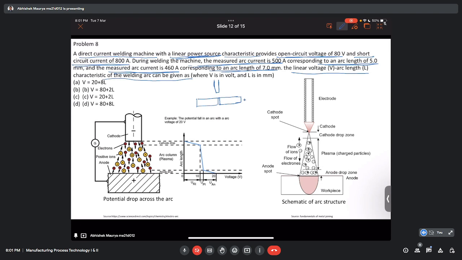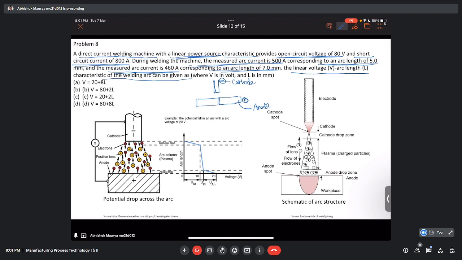Normally we apply positive voltage to the workpiece, and we apply some negative potential to the electrode, and this we call anode, and this electrode we call cathode.